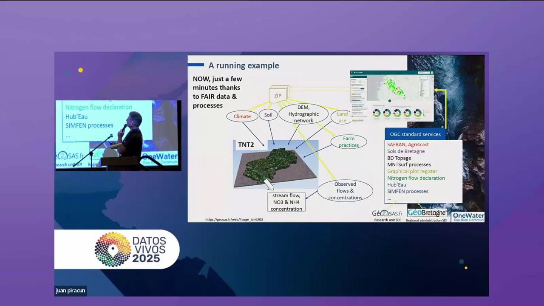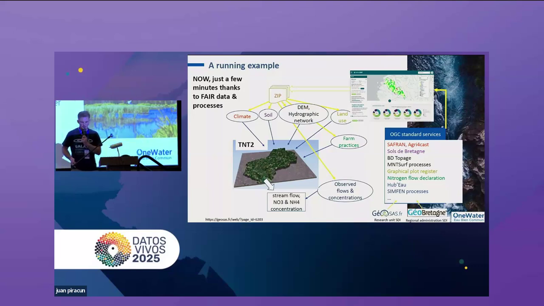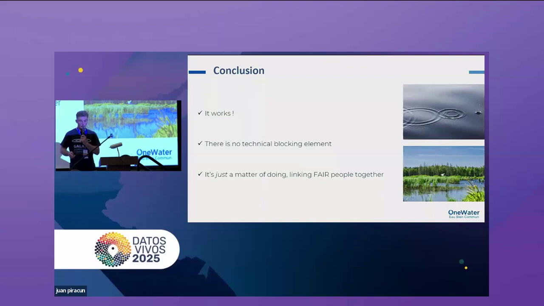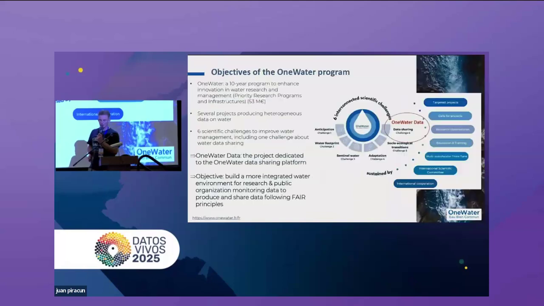And now, in fact, we can do that in just a few minutes because we have FAIR protocols, FAIR services oriented and usable from catalogs, and allow us to make subsetting and get a zip file, for example, so we can easily create a visualization like here. So in conclusion, it works, there is no technical blocking element, and it's just a matter of doing and linking FAIR people together.